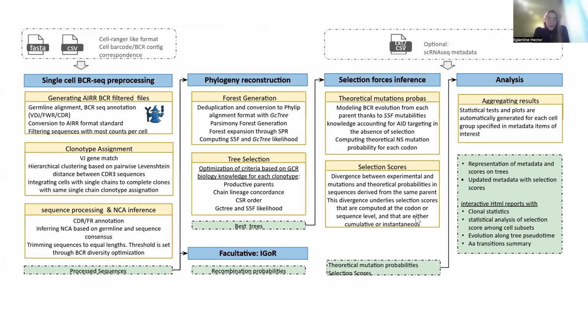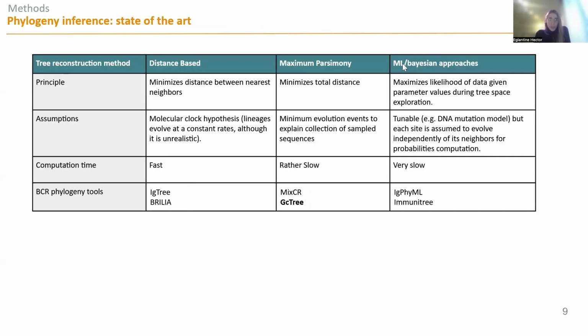So this is an overview of the pipeline. For the pre-processing steps, we just applied Immcantation, and now I'm going to dive into the phylogeny part. There are already plenty of tools for phylogeny reconstruction that are custom for BCR sequencing data.